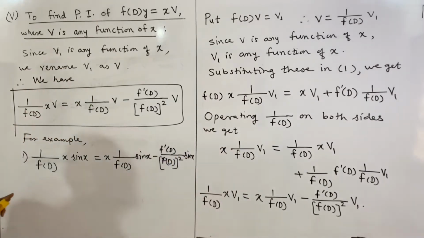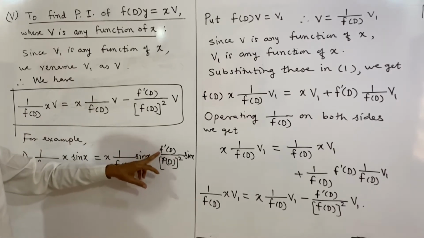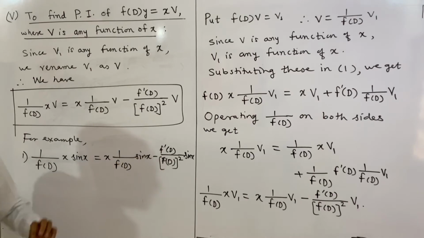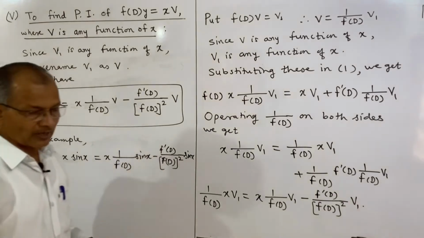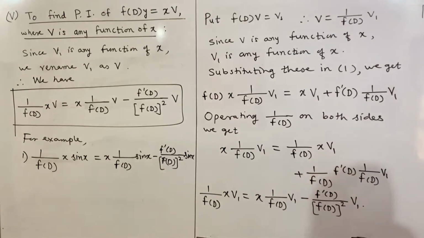So this is the meaning of how to use the formula. And f of d may be any function, like d square plus 1 or d square plus 3d plus 5, etc., and f dash of d is the derivative of this f of d. Thus we have obtained a formula. Now we shall solve problems depending on it.